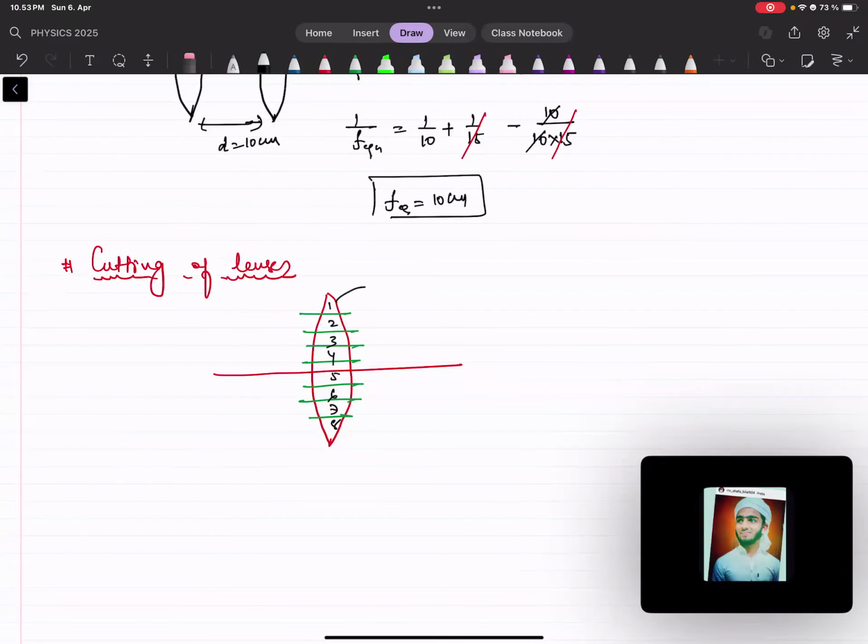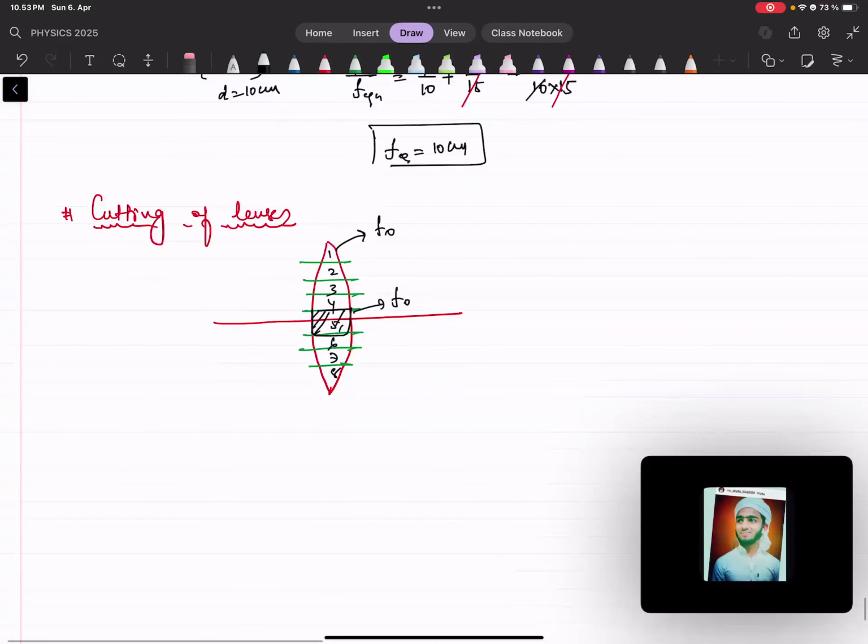If the red one has a focal length of f naught, and I ask what is the focal length of the fifth one, this is also f naught. Clear?